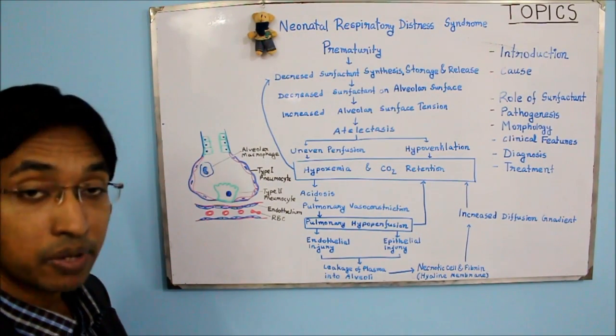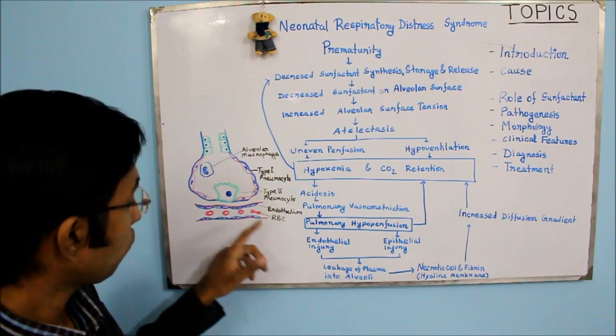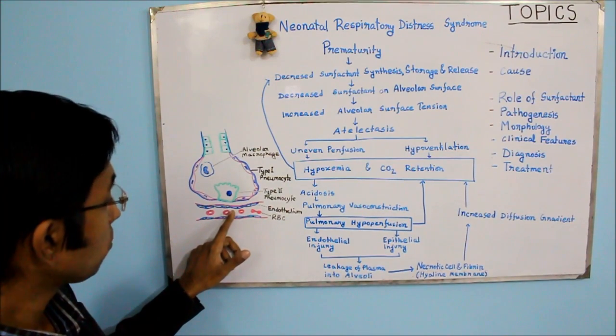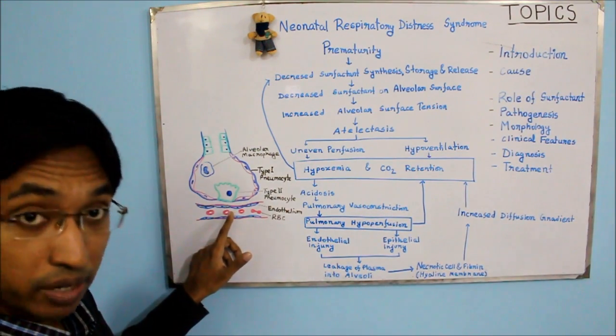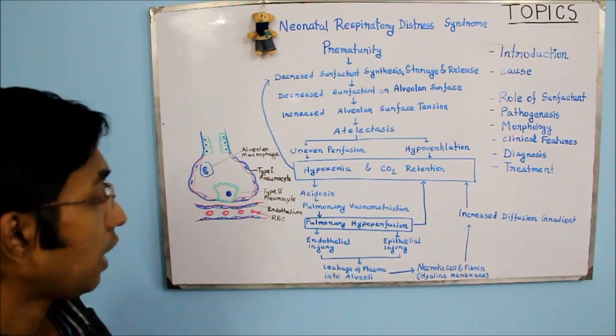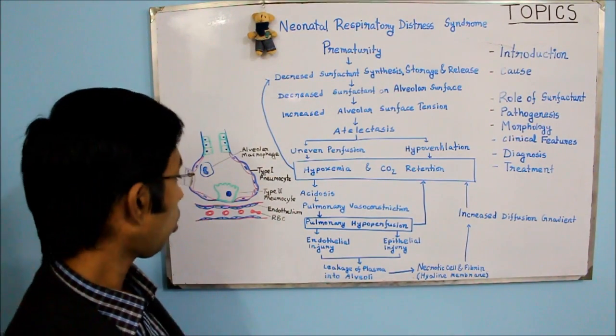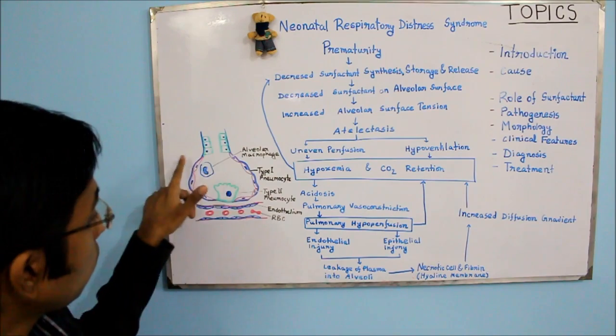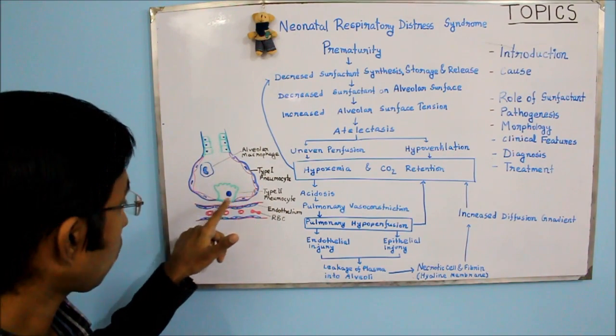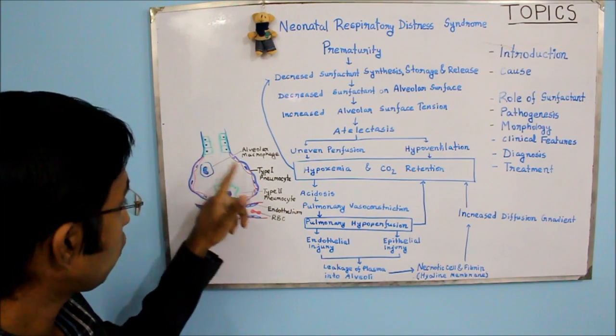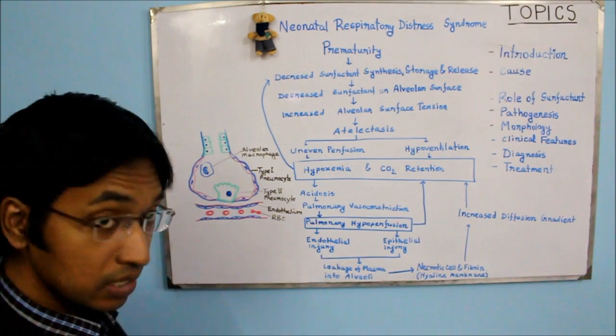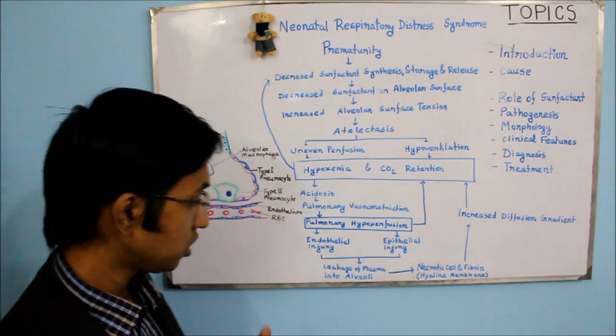Ultimately, what will happen? There will be leakage of plasma from the damaged blood vessel into the alveoli. And also recall that in the alveoli, the epithelial cells are also damaged, and many of them have died and become necrotic material.